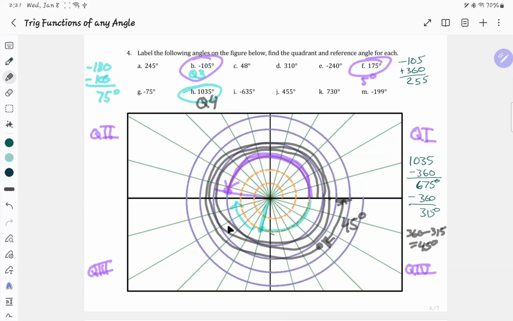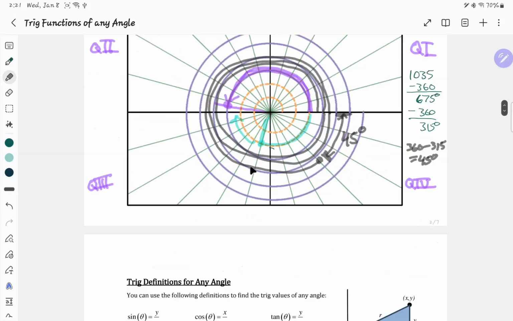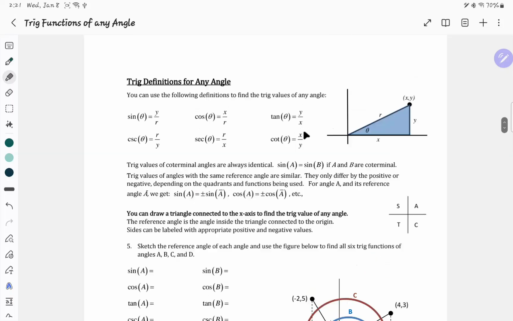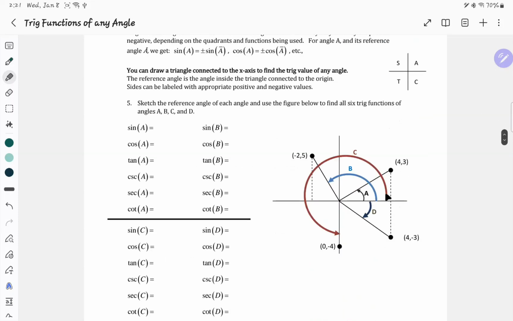Next time we'll take a look at some additional pieces here, and kind of an overall look at trig. Start defining these trig functions in terms of triangles we can draw in these different quadrants. So these different quadrants will have triangles in them that we'll draw to these terminal points.